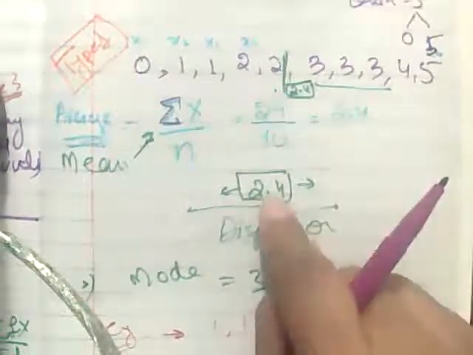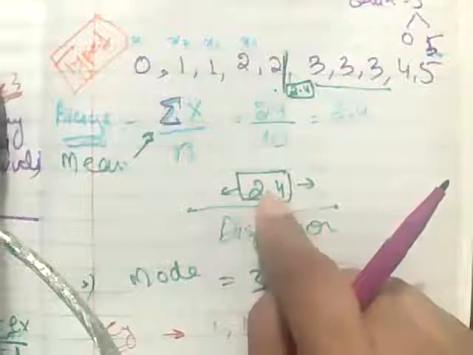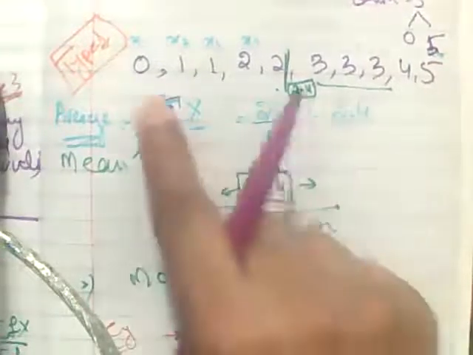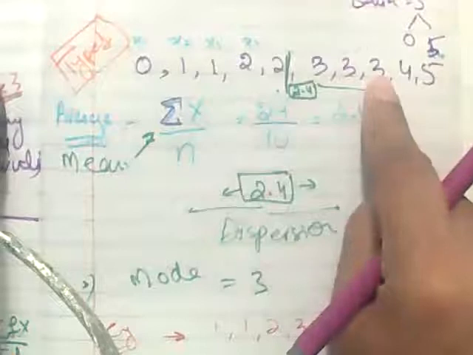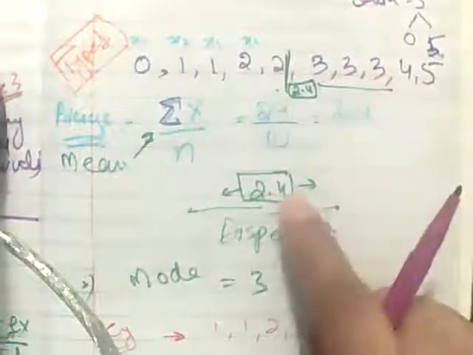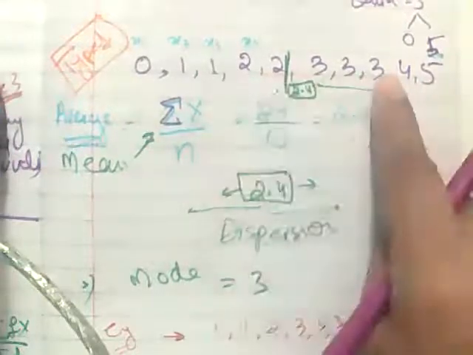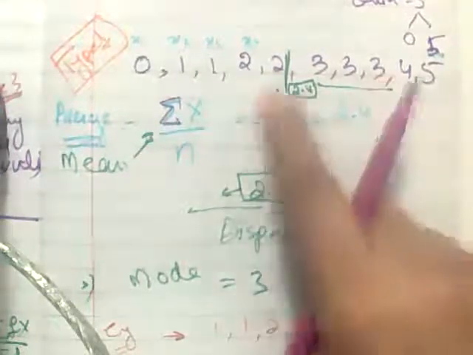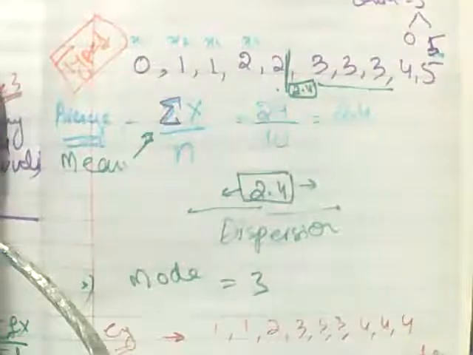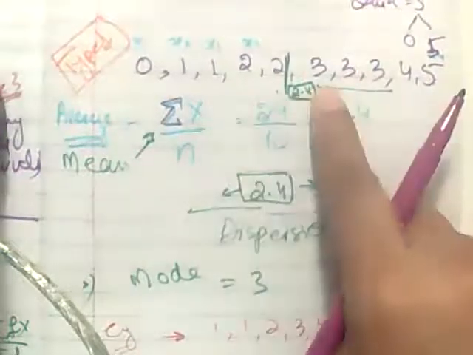See, one thing I told you, I'm repeating again. Remember that thing. None of the students got 2.4 marks. Don't think that your mean mark should be the same as one obtained over here. It is not necessary. Over here, I have taken the example of all discrete marks.